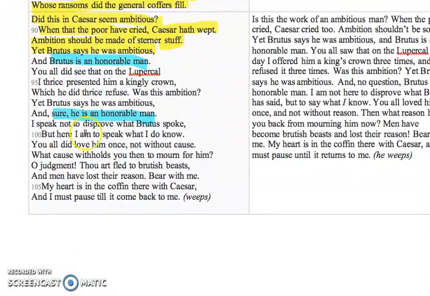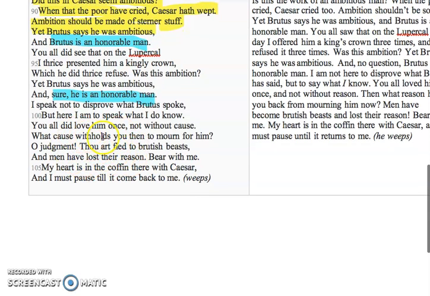And then last, let's get an example here of how he attacks the pathos. Brutus, if you remember, just scolded the plebeians for approving of Caesar and holding him in such high regard when Caesar hated the democracy that makes Rome what it is. And then here we have Mark Antony speaking to them.